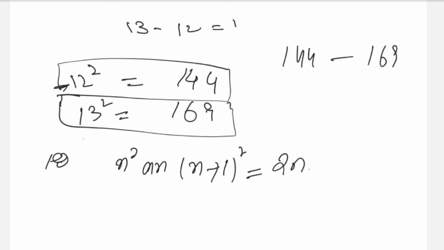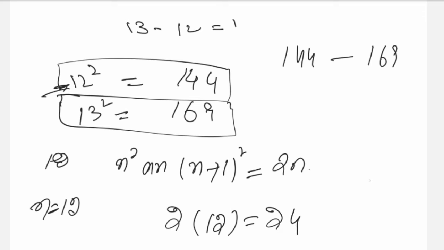Here n is the first number, which is 12. So 2 into 12 is 24. And we know that when we did it randomly, we got 24 numbers in between them.